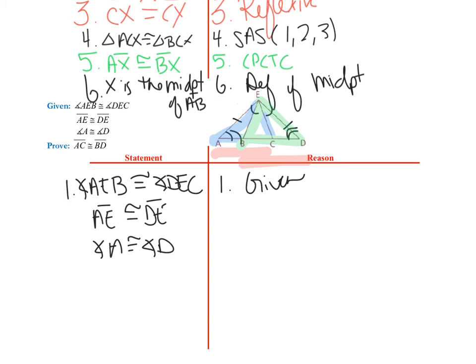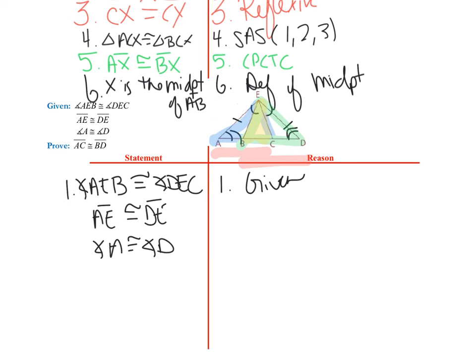So I first have to prove that this angle right here, it's kind of hard to see without me pointing it out to you guys right here. This angle right here needs to fill the blue triangle and needs to fill the green triangle. And right now, we have this space in between that we haven't proved yet.